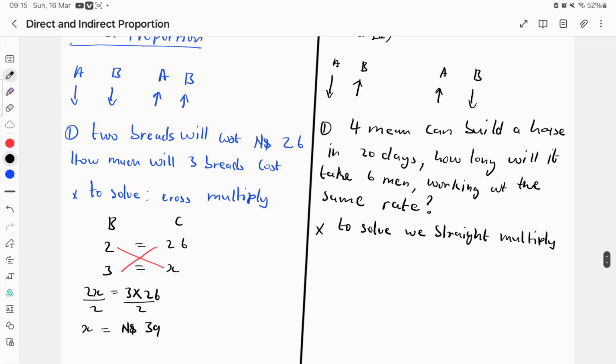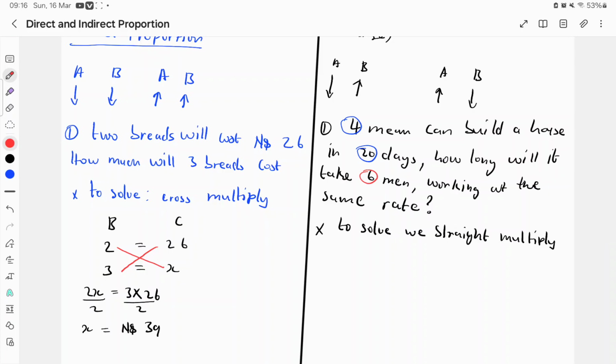Now I want you to use your reasoning, your understanding. They say 4 men can build a house in 20 days. How long will it take 6 men working at the same rate? If you use your reasoning, you can see that 4 men will take 20 days. Then 6 men will take more days or fewer days?